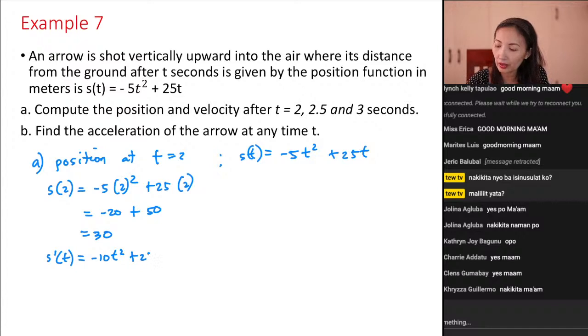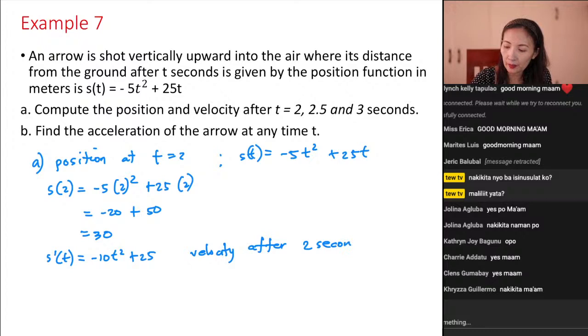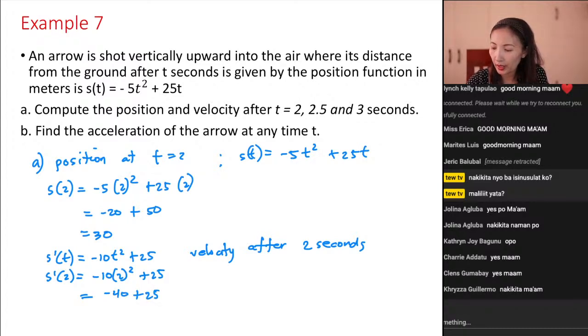So if it asks for velocity after, let's say 2 seconds, then it's simply s prime of 2, which is negative 10 times 2 plus 25, which is negative 20 plus 25. What is the unit? Meters per second.